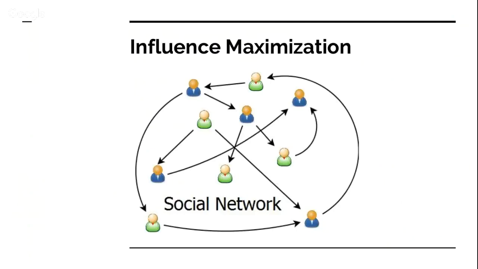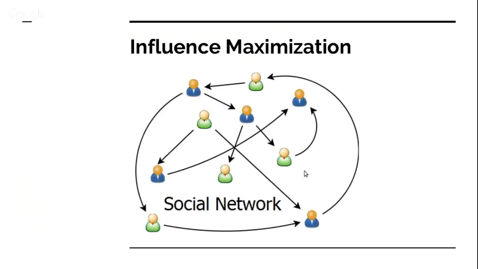Another problem is influence maximization. I'll just state the problem statement here. Let's say you are running a company and you want to advertise a product. These days all the companies are using social networks to advertise their product. So let's say here is a social network shown to you, and you want to maximize the sales of your product, and your company has finite resources, so you cannot indefinitely advertise your product to the people.